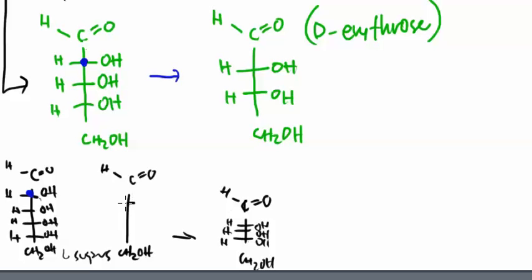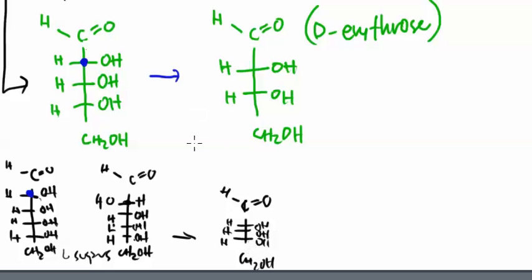D-altrose is the other one. So D-altrose has an OH group up here at the top to the left, and then the remaining 3 have the OH groups to the right. So if this undergoes a Wohl degradation, this carbon gets deleted, and I still have OH, OH, OH over to the side, and that matches the structure that I want here.